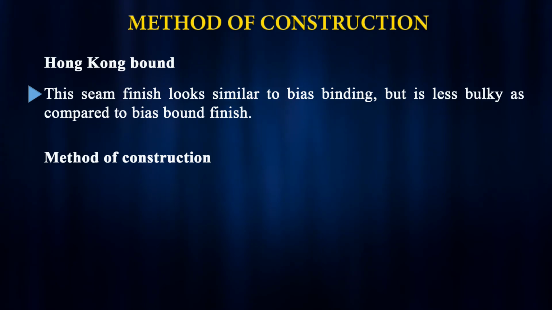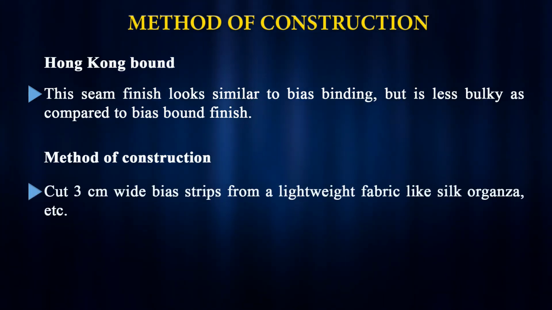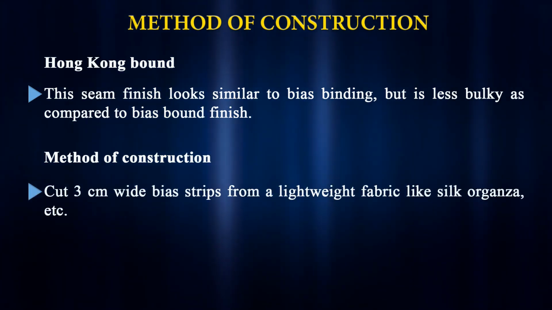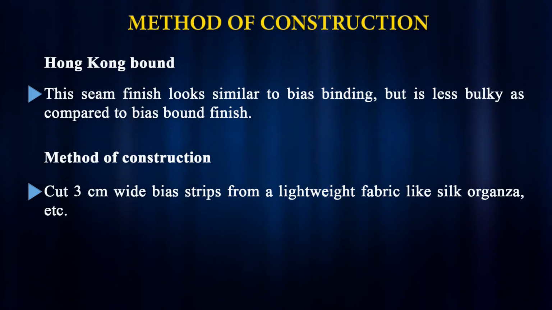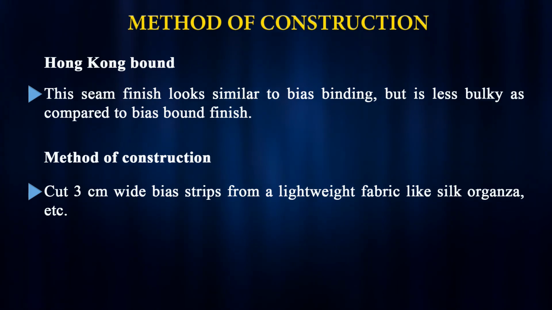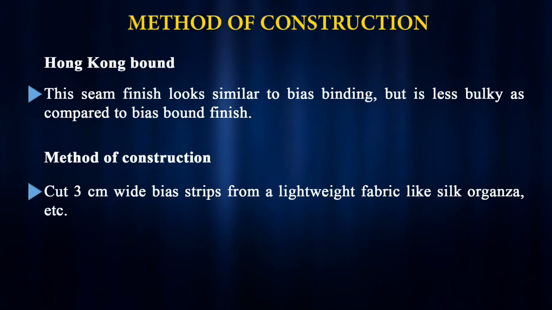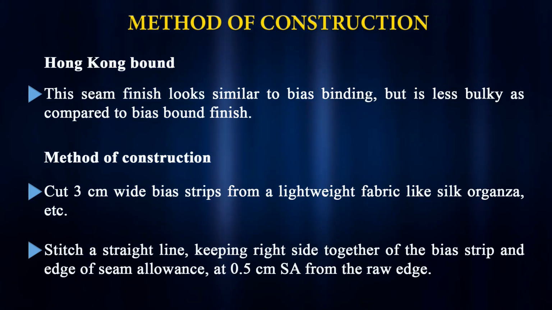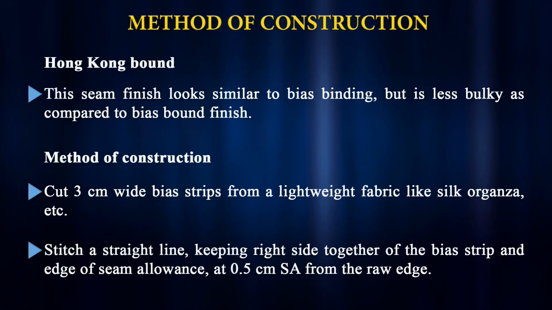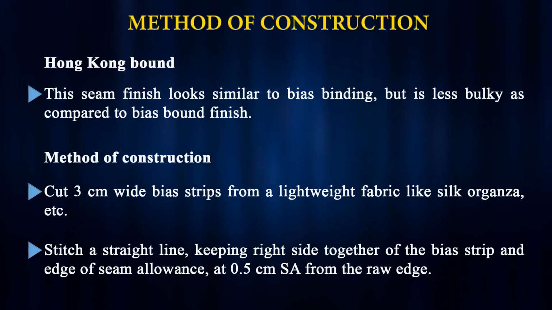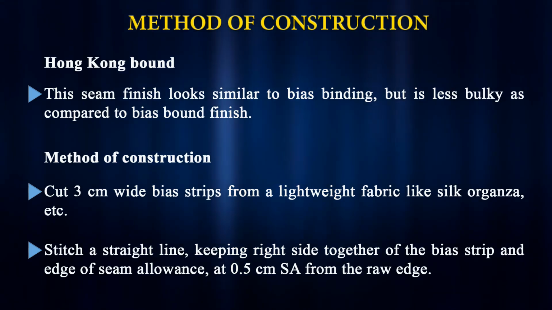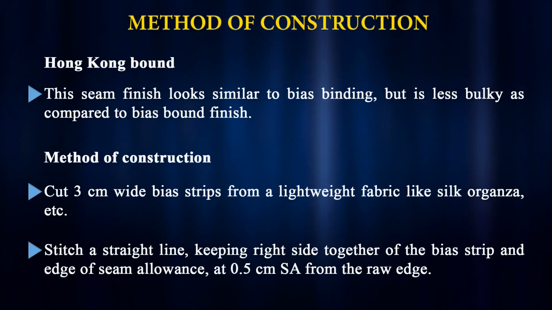So the method of construction we use: we cut a 3 centimeter wide bias strip. For a lightweight fabric like silk or organza, we just cut a bias strip of 3 centimeter and stitch a straight line, keeping the right sides together of the bias strip and the edge of the seam allowance, with a 0.5 centimeter allowance from the raw edges.